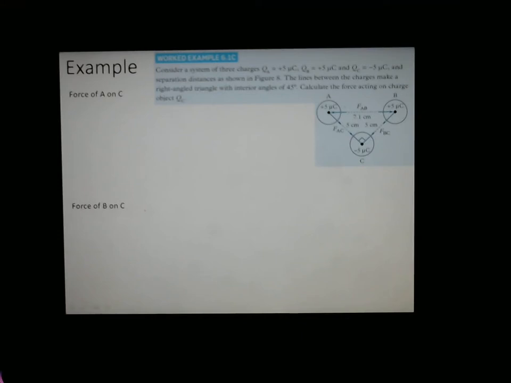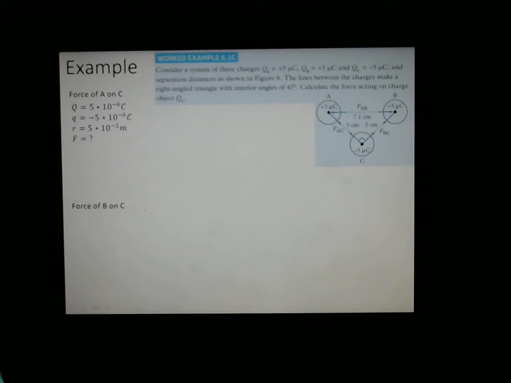Again, we have to find out the force of A on C and B on C. Okay. And this time I'm just going to put up all our variables in one step. So I'm going to let A be equal to big Q and C be equal to little q there. We have our distance of 5 times 10 to the negative 2. I could have used 0.05.